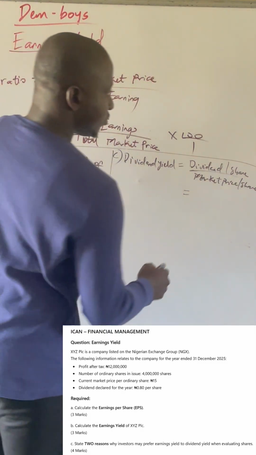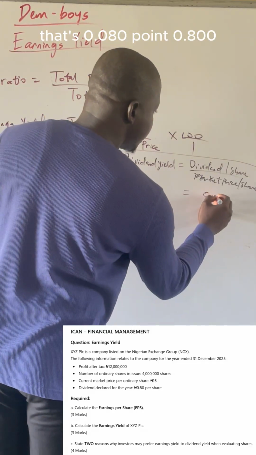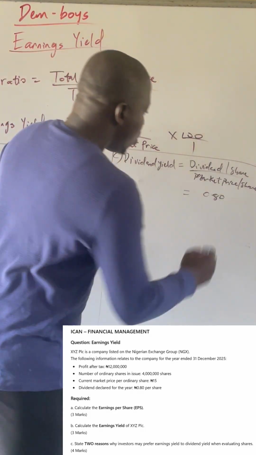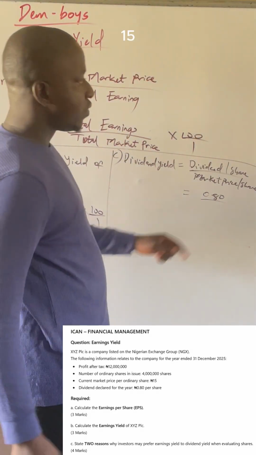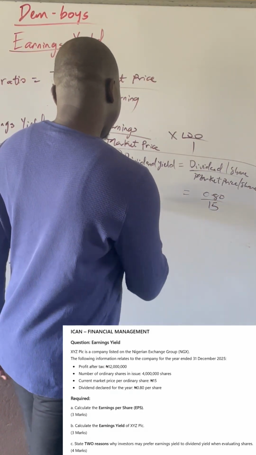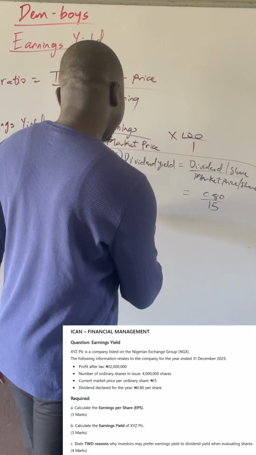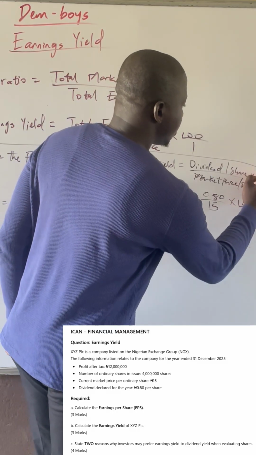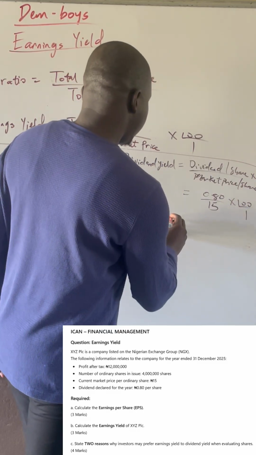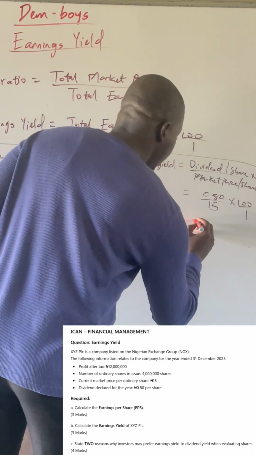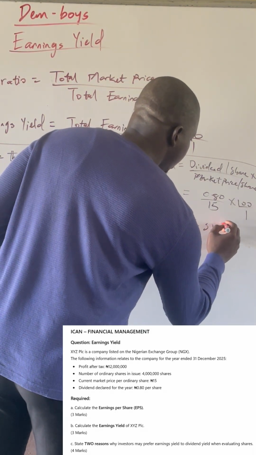My dividend per share is 80 kobo, that's 0.80 naira, over my market price of 15, times 100 over 1. That will be 5.33%.